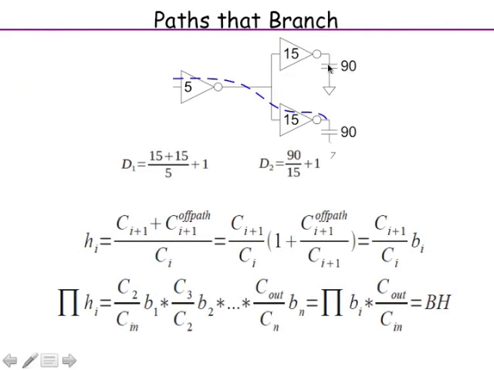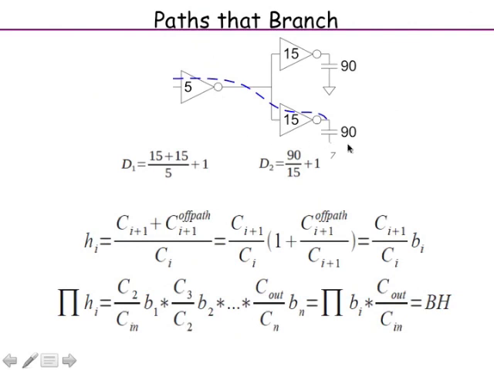Take this example. You have this inverter which drives two inverters, each of the same size, and then each one in turn drives a load of 90. If you put the equation for this inverter, D1, C out for this is 15 plus 15, C in is 5. That is H, G is 1, and parasitic, as we are assuming for these kinds of discussions, is 1. So this is the delay of this inverter.